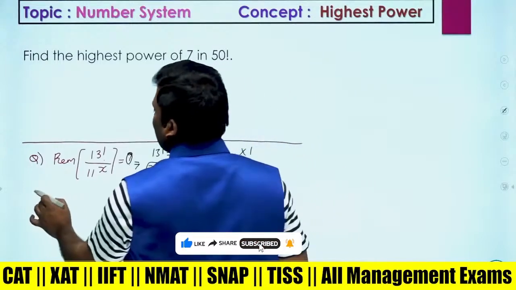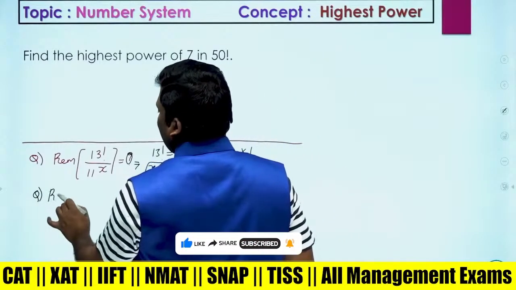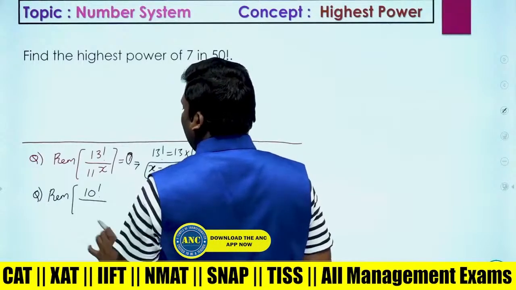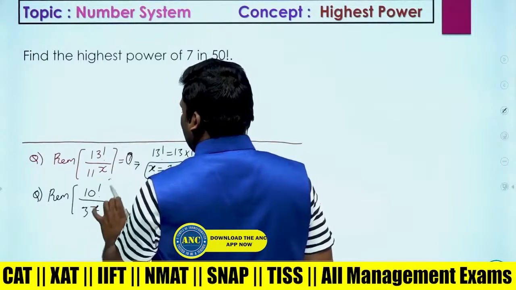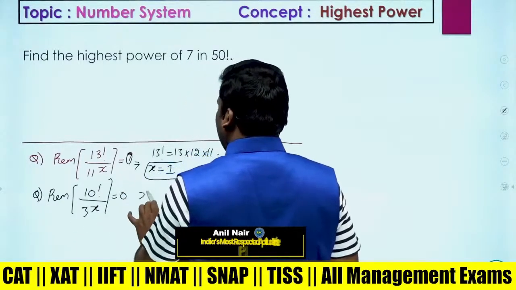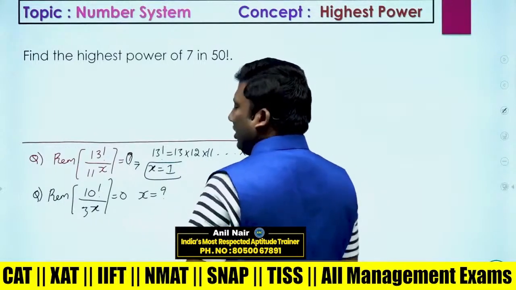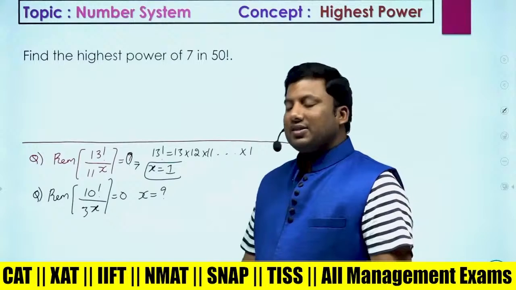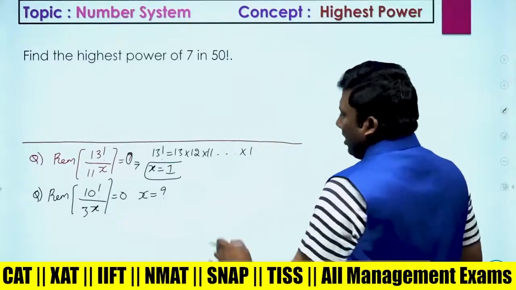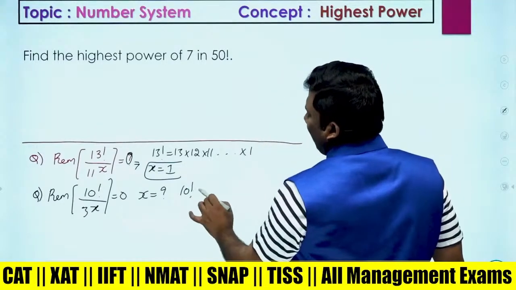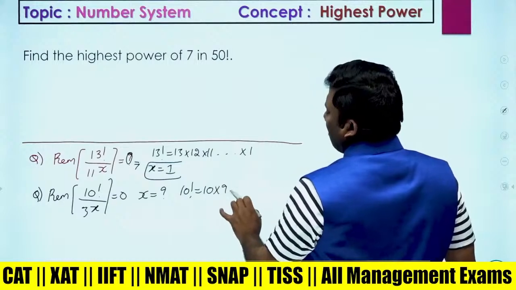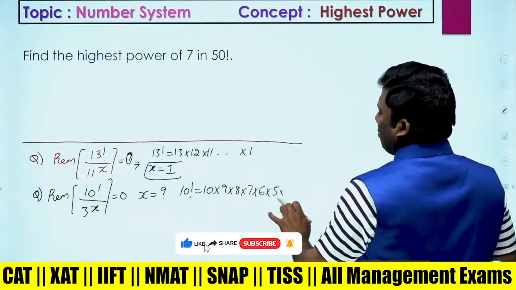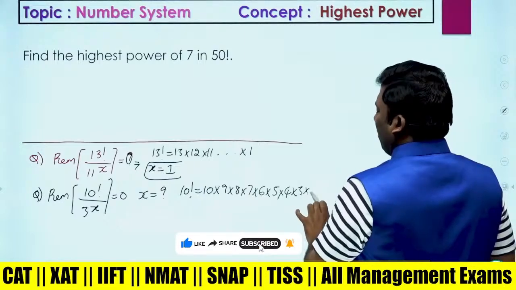Suppose the question is: 10 factorial divided by 3 power x, the remainder is 0. I will explain in detail how to find the highest power. Find x. 10 factorial is defined as 10 into 9 into 8 into 7 into 6 into 5 into 4 into 3 into 2 into 1.